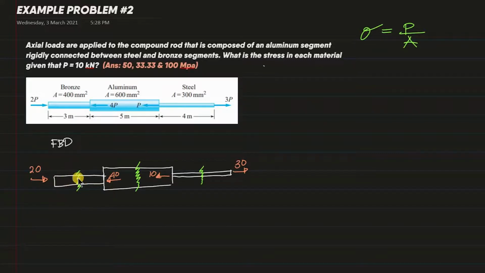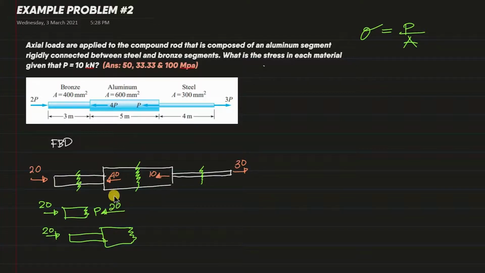Okay? So, dito sa bronze, putulin natin yan. Ito, guys, 20, no? Ibig sabihin, yung P dito is also 20 for equilibrium conditions, di ba? Next, dito naman tayo sa aluminum. Pinutol natin, dito guys, meron tayo dito ang 20 ulit.